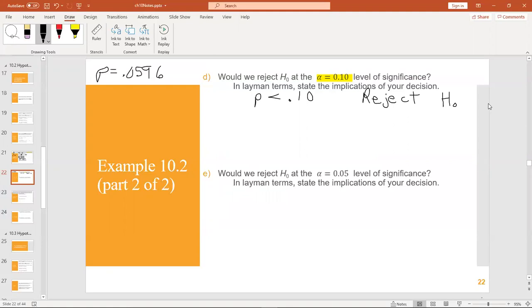All right, so then they say in layman's terms, state the implications of your decision.